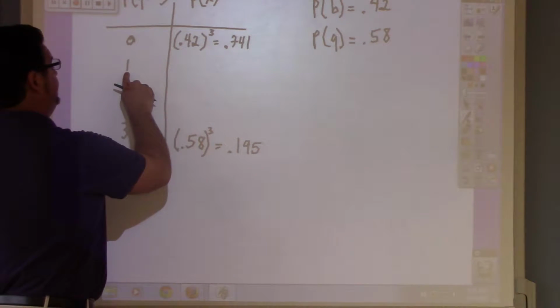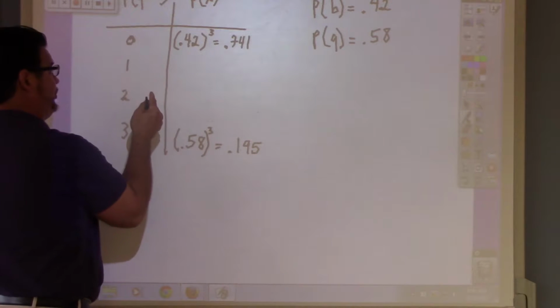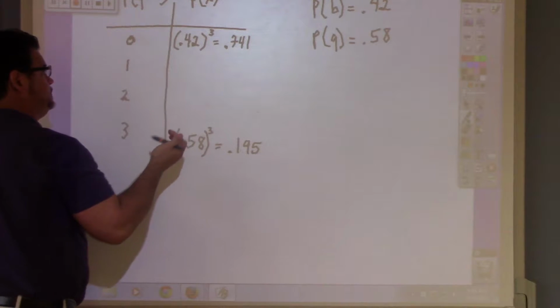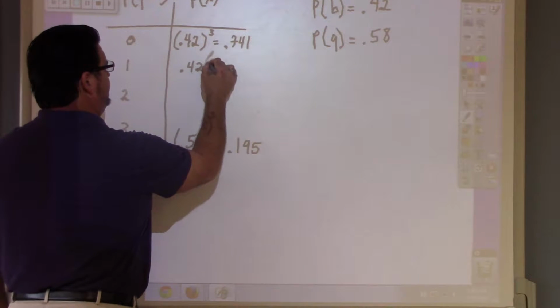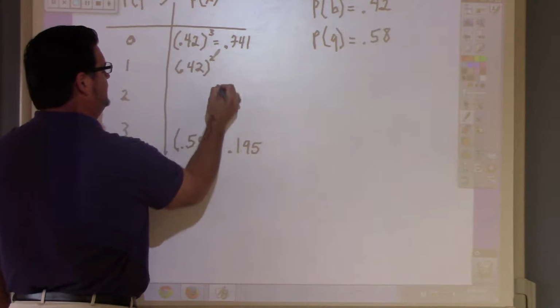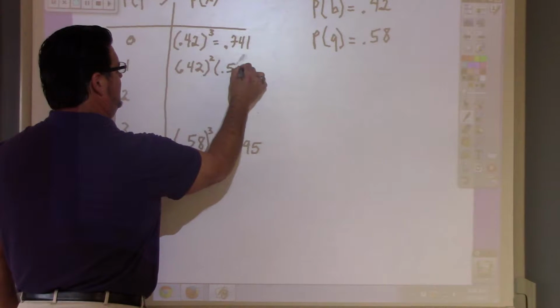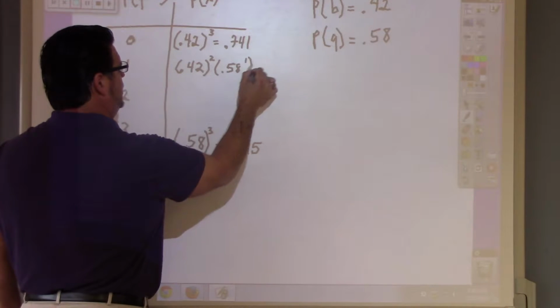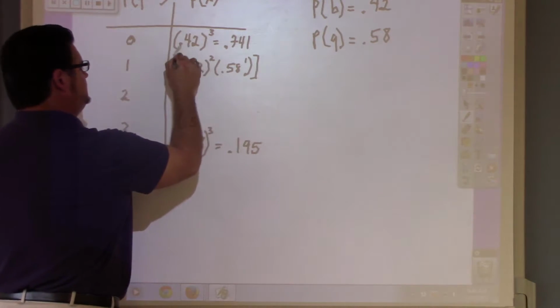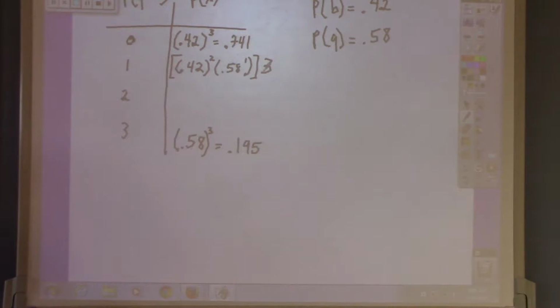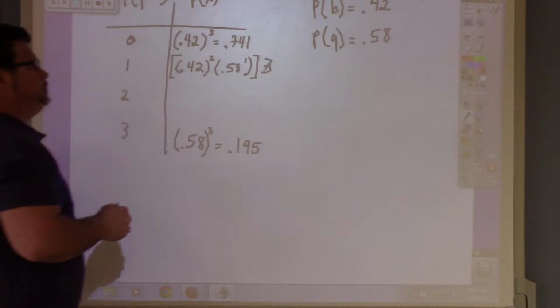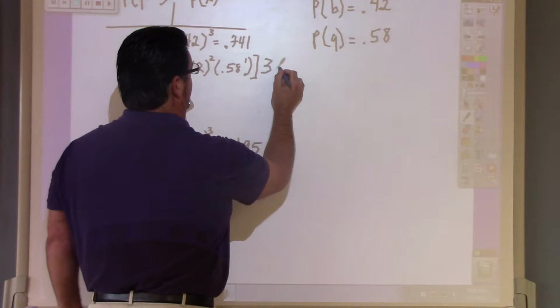One girl means that there's 1 girl and 2 what? So that would be 0.42 raised to the 2nd power times 0.58 raised to the 1st power, and all that times 3, because there's 3 of those events that could happen. No sneezing in class.